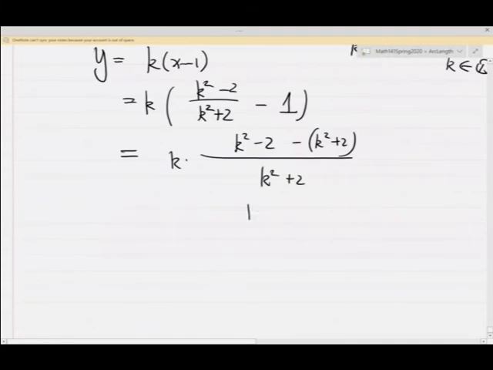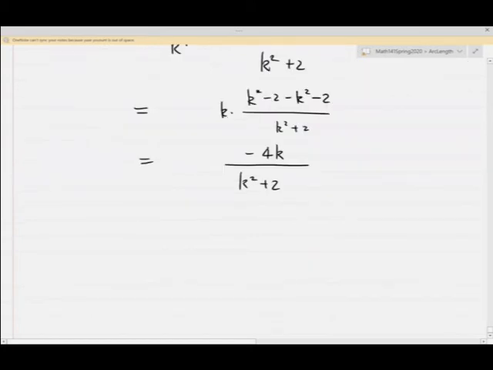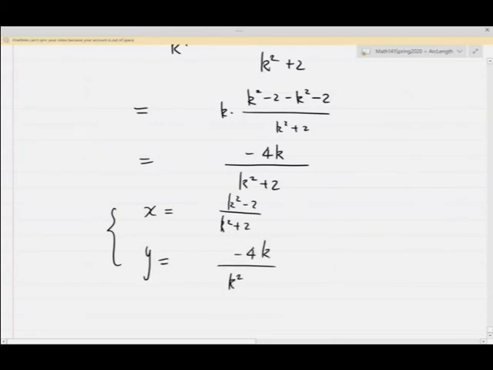You got k squared minus 2 minus k squared minus 2. K squared plus 2. Don't forget this k here. So the k squared cancels k squared. So you get negative 4, so you get negative 4k over k squared plus 2. So you get this parametric equation. So we get x is k squared minus 2 over k squared plus 2. Y is negative 4k over k squared plus 2.